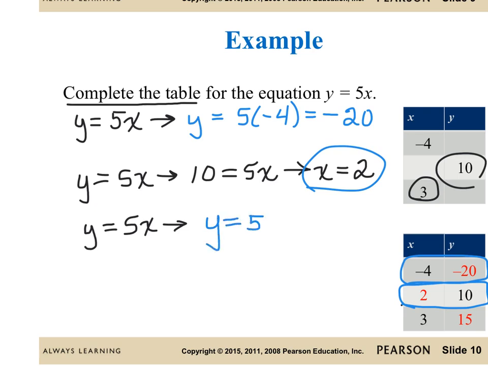So for x equals 3, y is equal to 15, and that's our third point.